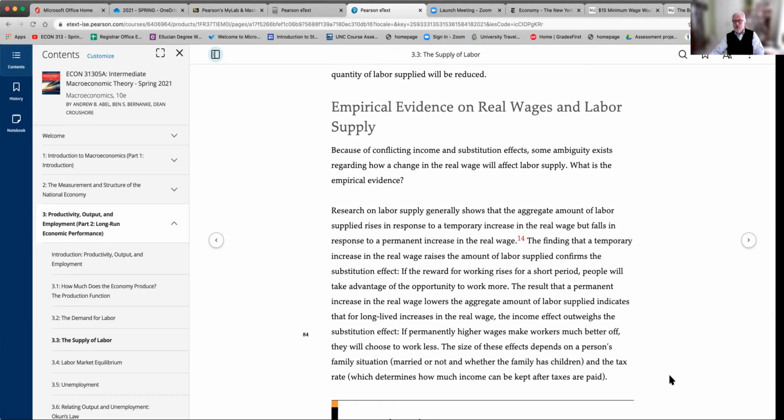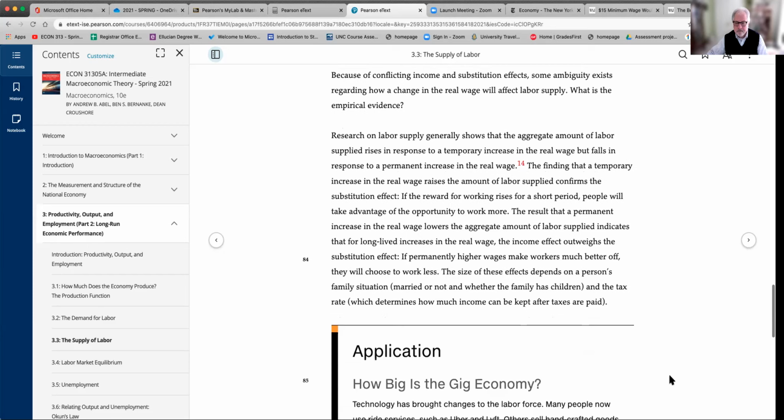As the price goes up, as the real wage goes up, workers supply greater amounts of labor and consume less leisure. It assumes that leisure is a normal good, and also it assumes that the substitution effect outweighs the income effect in that case.